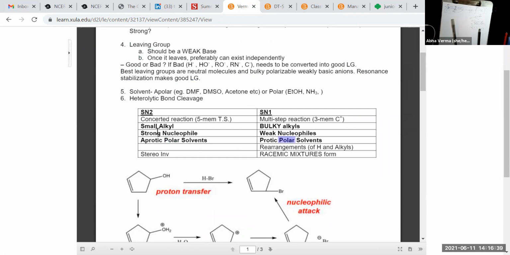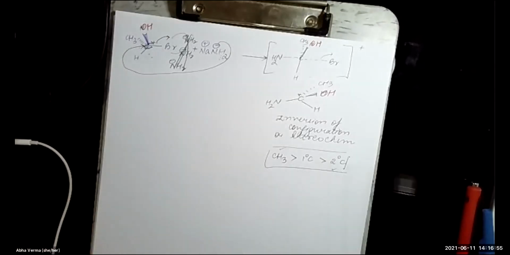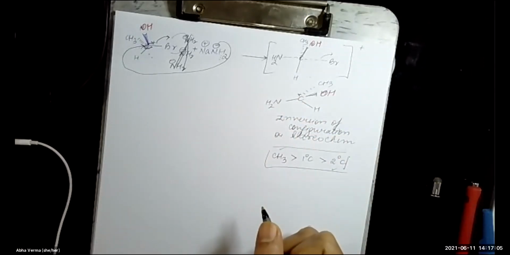With SN2, you will only have the inversion of stereochemistry of the product. So knowing your SN2 is very important. You have to know which bond will be breaking and which new bond will be forming. If you know your transition state, you will be able to figure out the mechanism also.